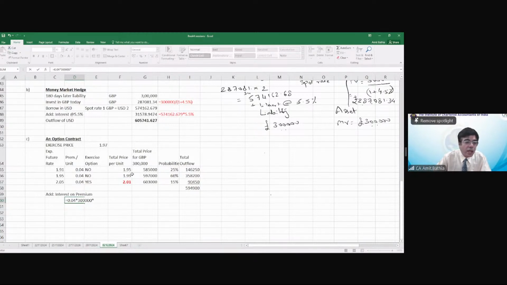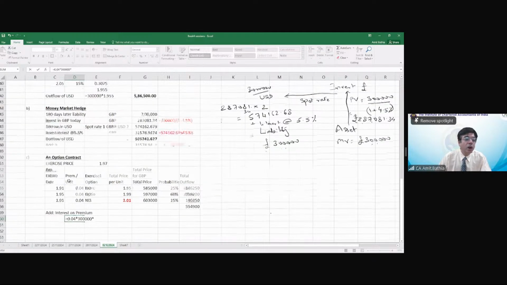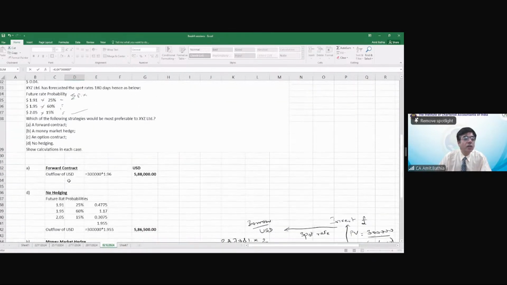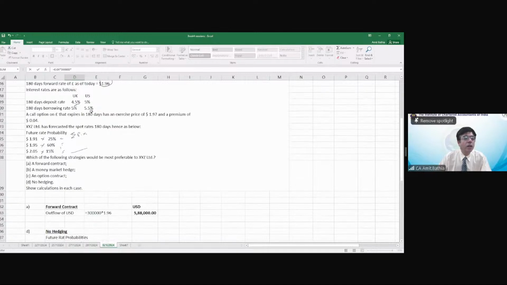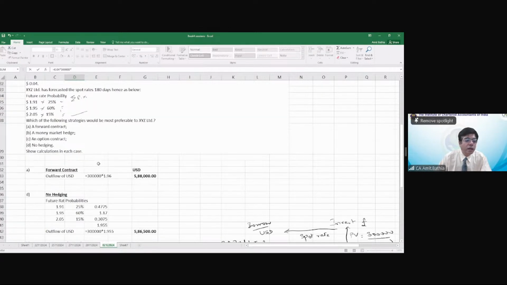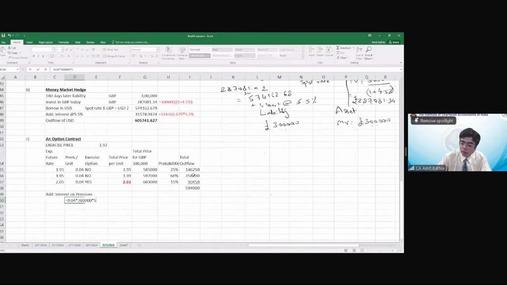And how much interest am I paying? Remember, I am paying all these amounts in dollars, right? So that means I have to consider the rate of return of the dollar. What is the borrowing rate? 5.5%. Very good. So the borrowing rate in the US is 5.5%, so I will have to take it at 5.5%.